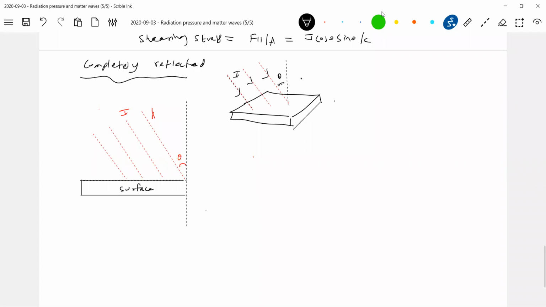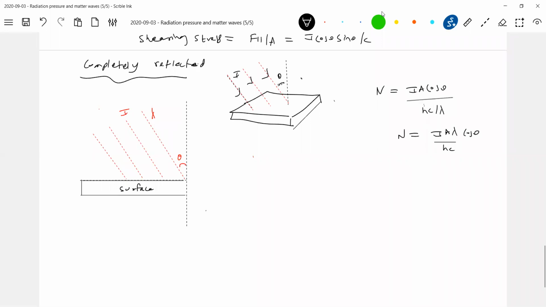I think the number of photons incident on the surface will be the same. So I'll directly write it. This should be equal to IA cos theta lambda, so IA lambda by HC cos theta.